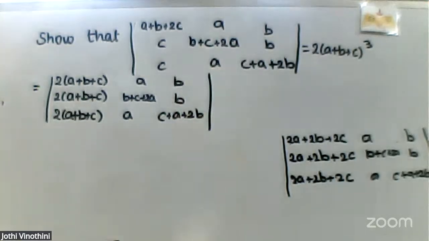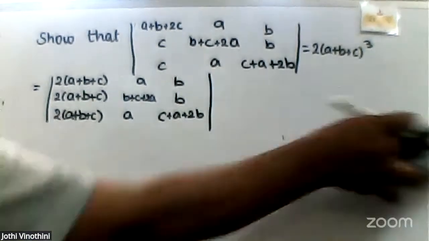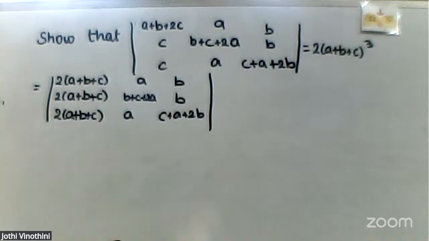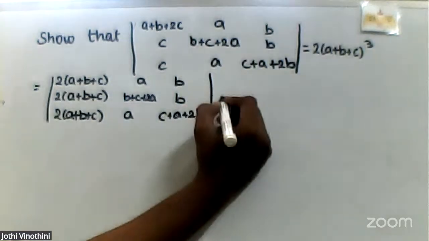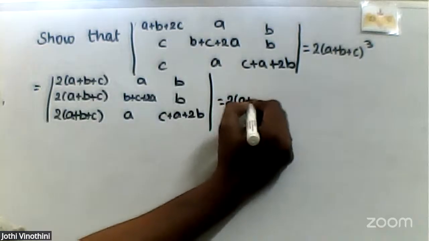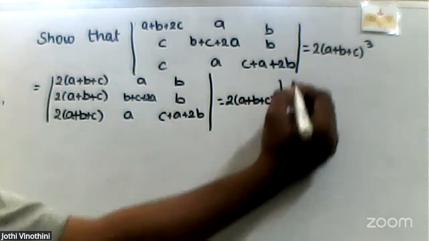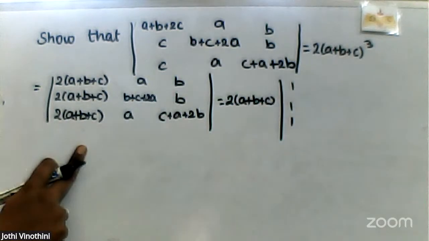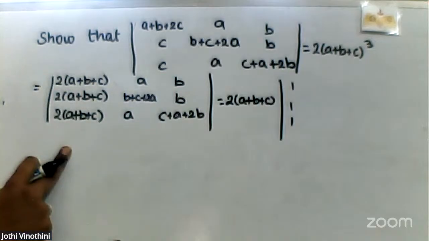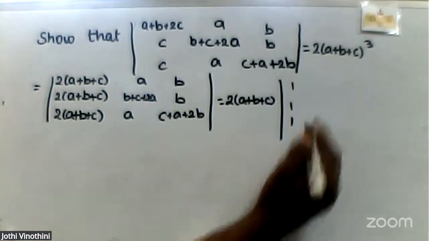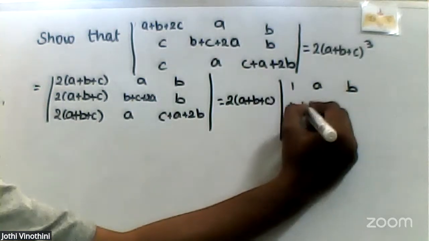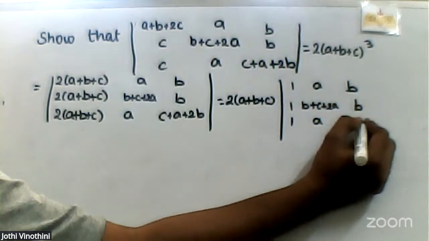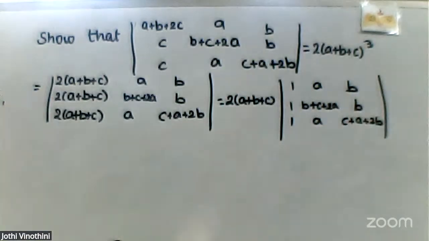Now I am going to take 2 multiplied by (a plus b plus c) as common from column 1. The remaining elements are 1, a and b; 1, b plus c plus 2a, b; 1, a, and c plus a plus 2b. Clear?